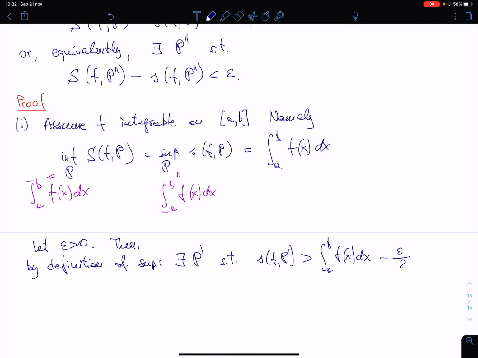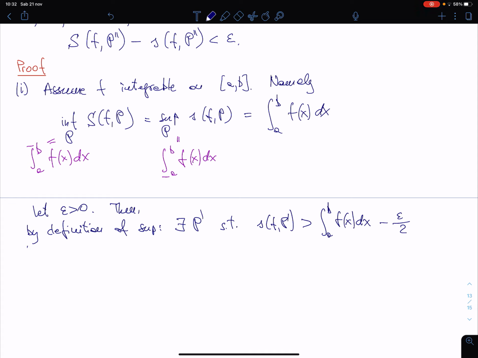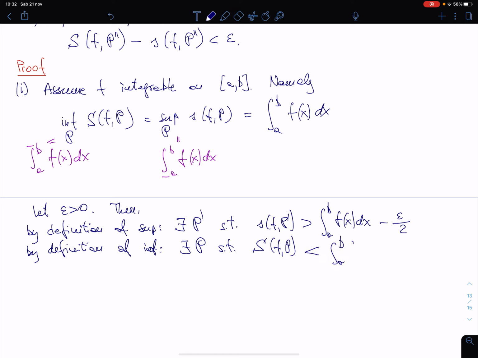Again epsilon over 2 because at the end I will have epsilon, so now we know this elegant strategy of using epsilon over 2. So by definition of infimum, there exists a partition P such that the upper sum of f with respect to P is less than the integral over AB of f of x dx plus epsilon over 2.